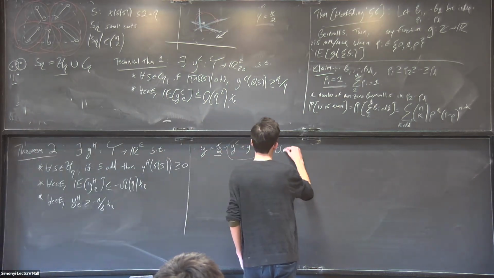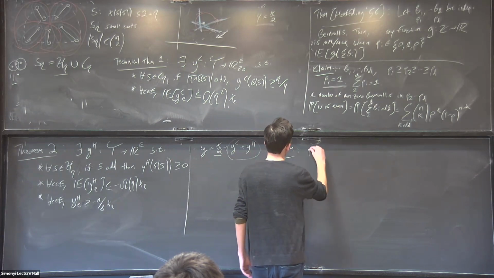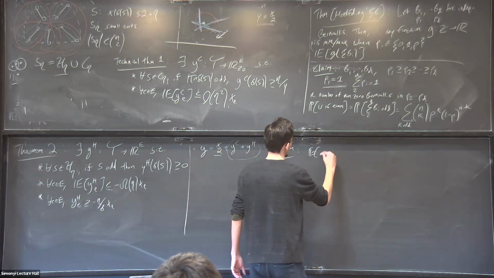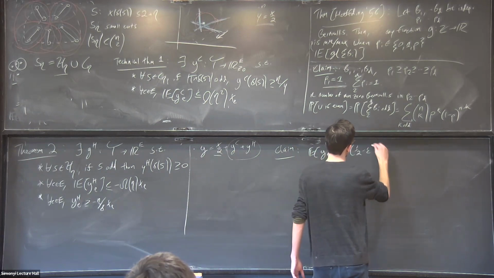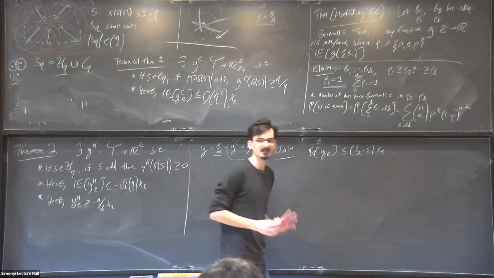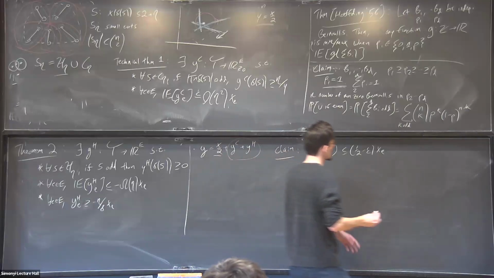So the first claim is that the expected value of YE is going to be at most f minus epsilon XE. This one is pretty clear, right?